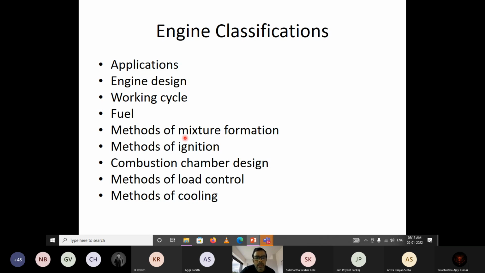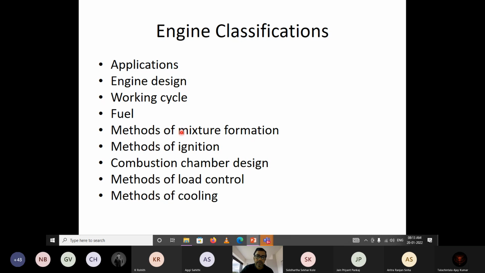Based on that, we can also classify the engine. Whether the mixing of fuel and air is taking place in the intake manifold itself, and then it is going into the combustion chamber, or whether the mixing of fuel and air is taking place inside the combustion chamber itself.